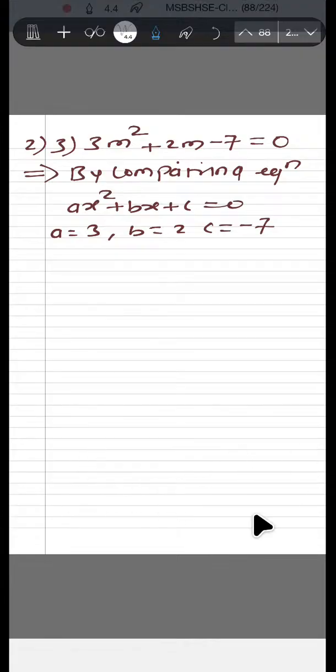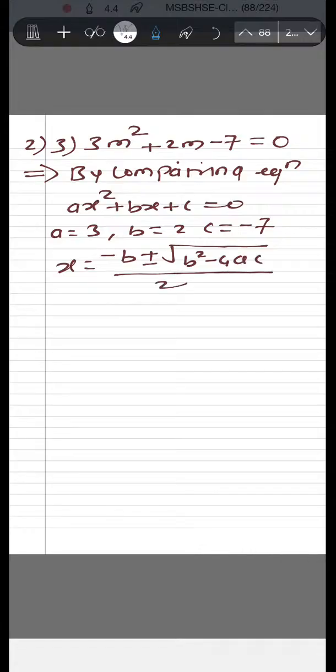Okay, now the formula we know already, correct? What is the formula? x is equal to minus b plus or minus square root of b square minus 4ac upon 2 into a. So here I am going to put all the values.